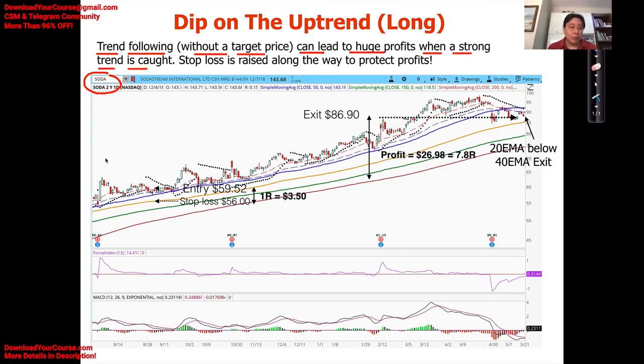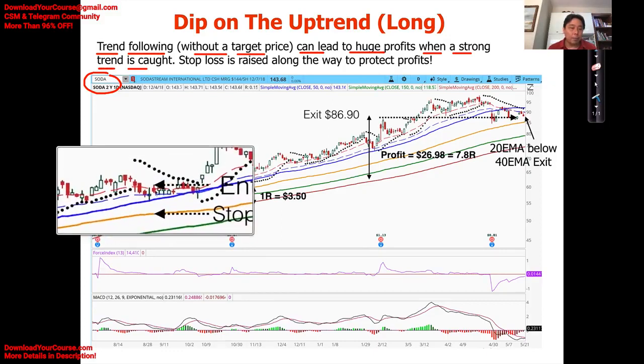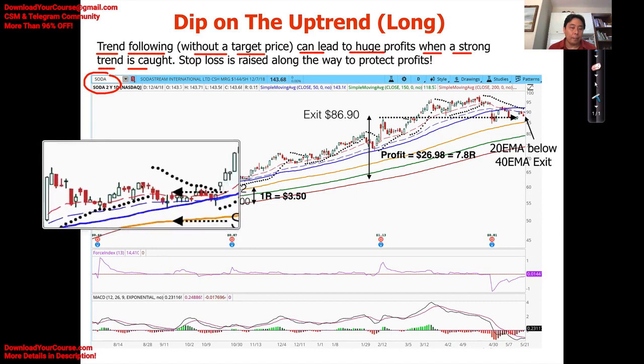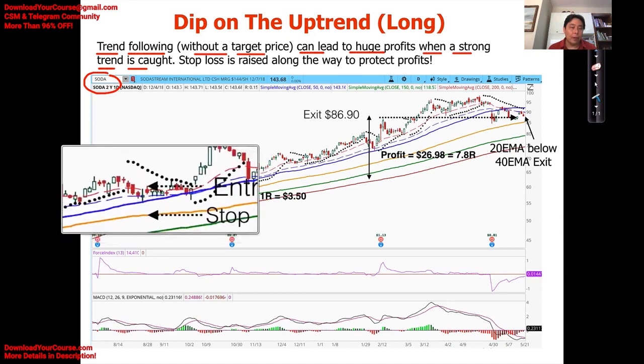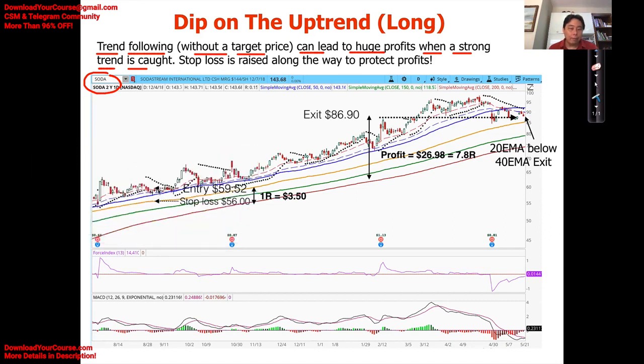All right. So in this case, let me just zoom in over here. You would enter the trade as it bounces off the moving average. You enter over there, the stop loss over there. So in this case, your 1R would be 3.50.